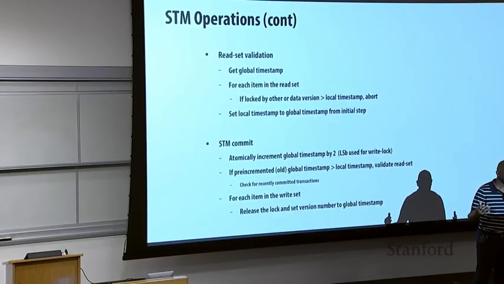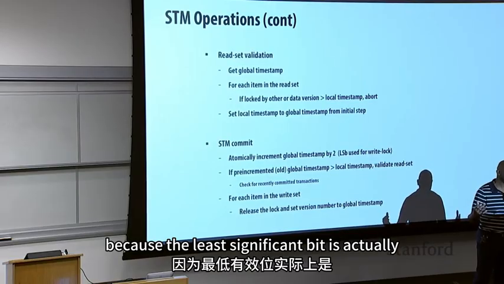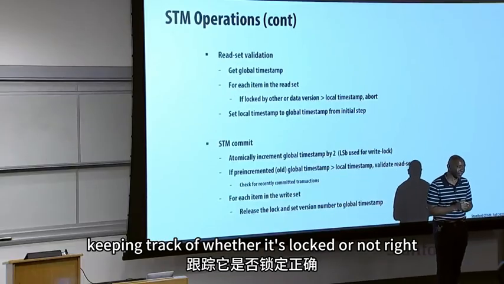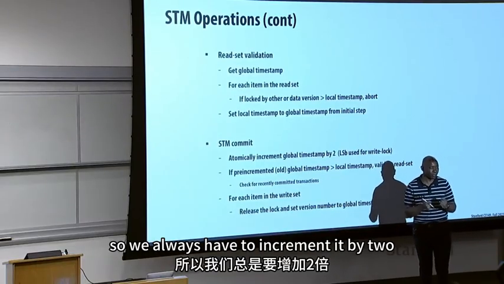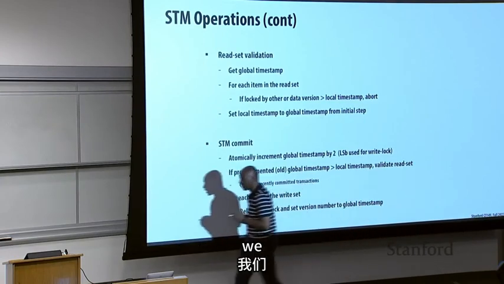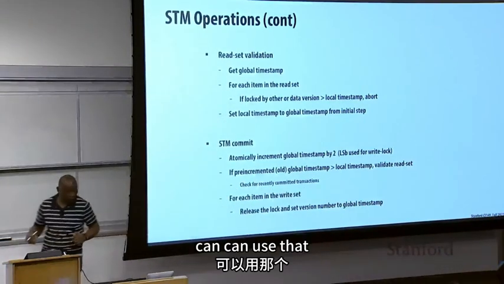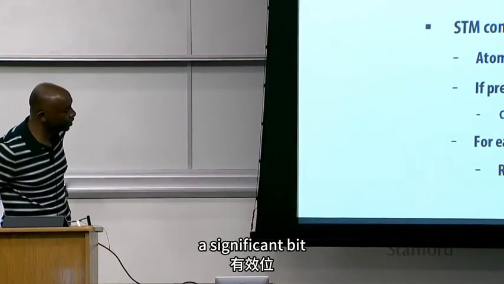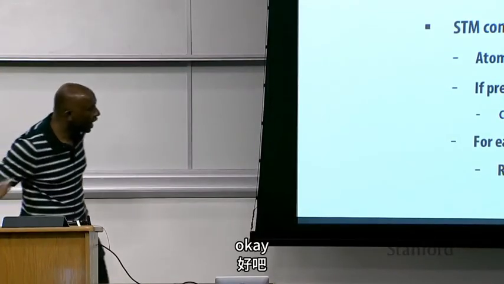Preserves the error. Yeah, because the least significant bit is keeping track of whether it's locked or not, right? So we always have to increment it by 2 to make sure that we can use that least significant bit. Okay.